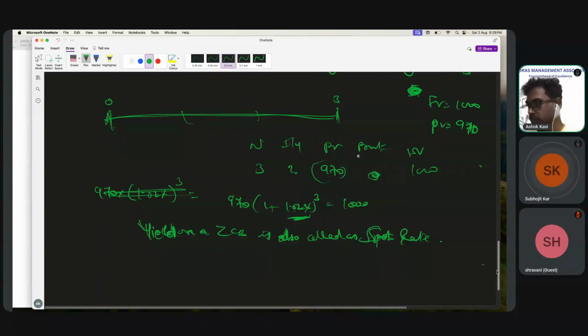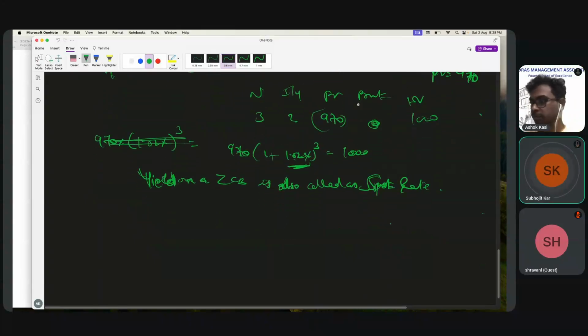Yield on a zero coupon bond is called the spot rate.